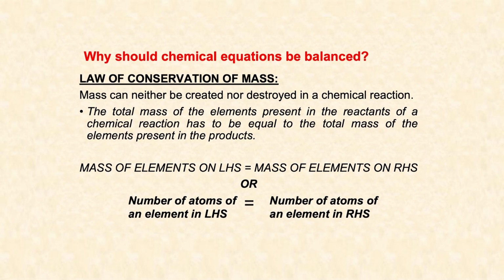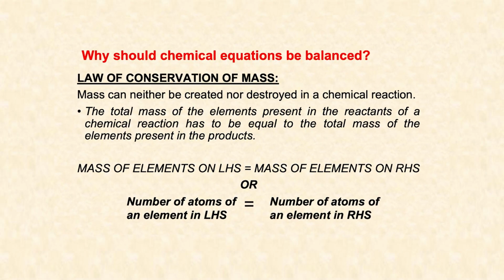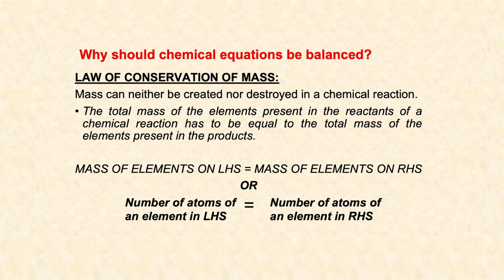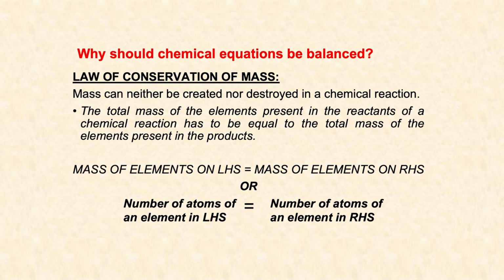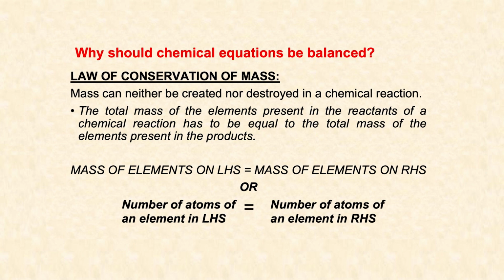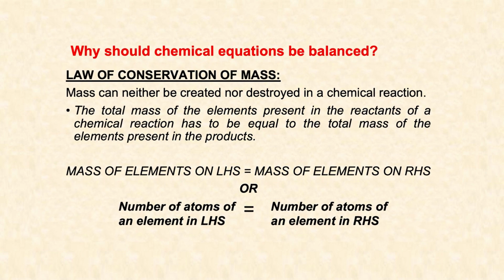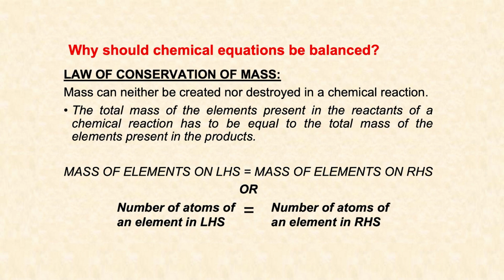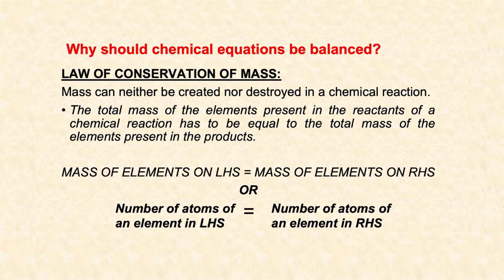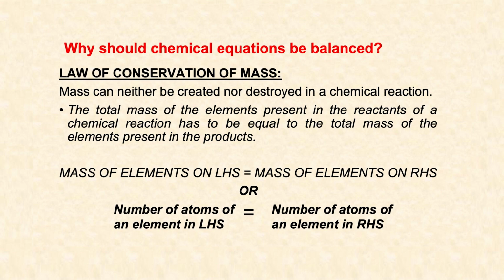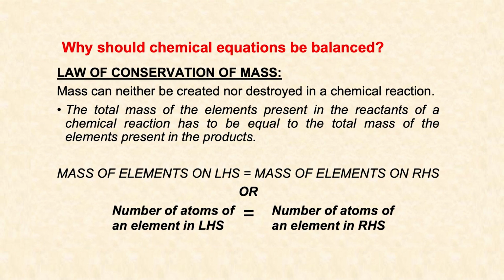But why? Let us try to find the answer to the question. A balanced chemical equation must obey the law of conservation of mass, which states mass can neither be created nor destroyed in a chemical reaction. This means that the total mass of the reactants and products participating in an equation must be the same.